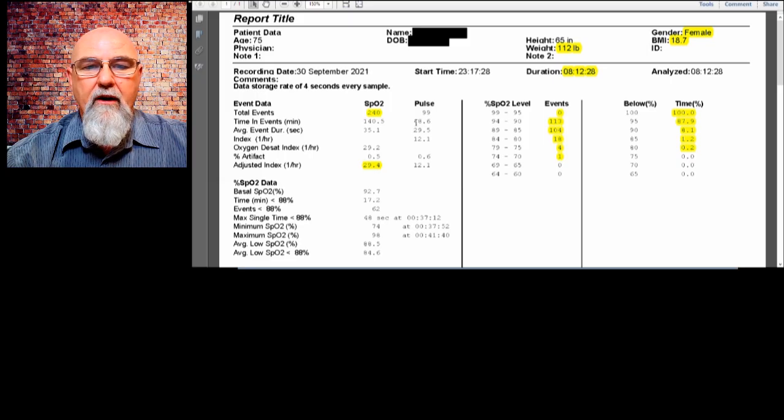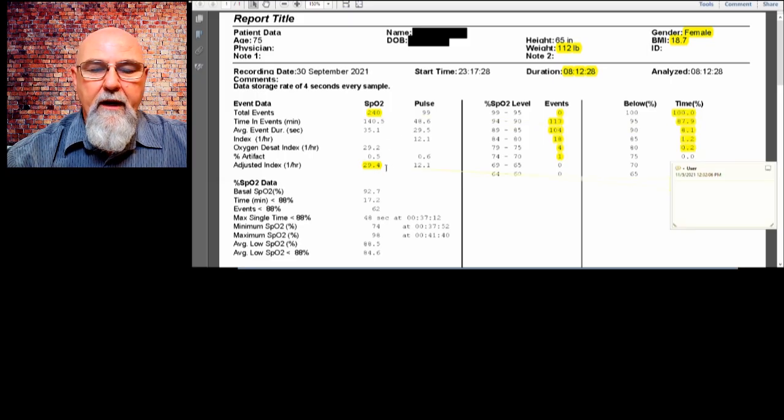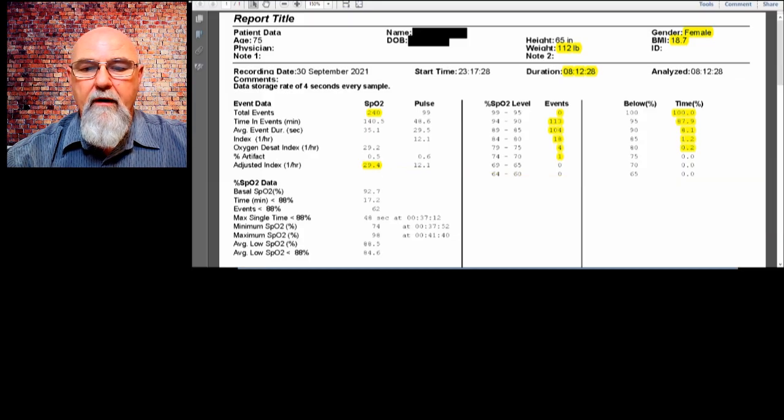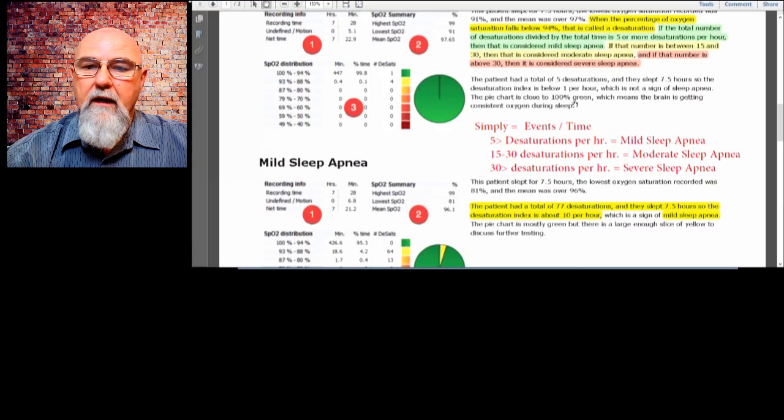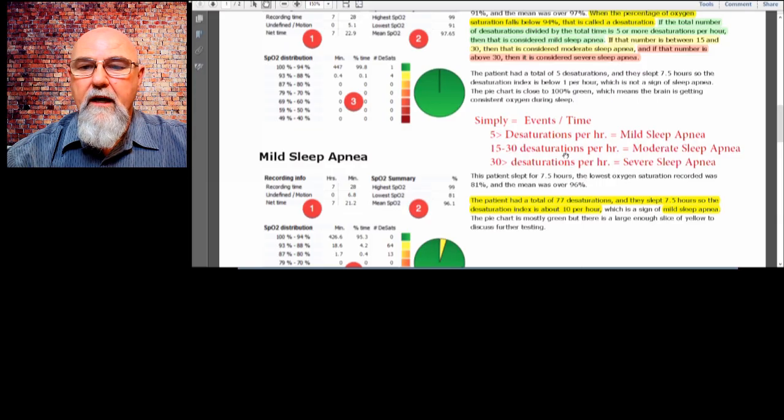If we added all those up, she had 240 events. If we divide that by the time that she slept, she had 29.4 events per hour. We go back to our diagnostic parameters and find out she had 29. That puts her at the upper end of moderate sleep apnea. She didn't quite hit 30.